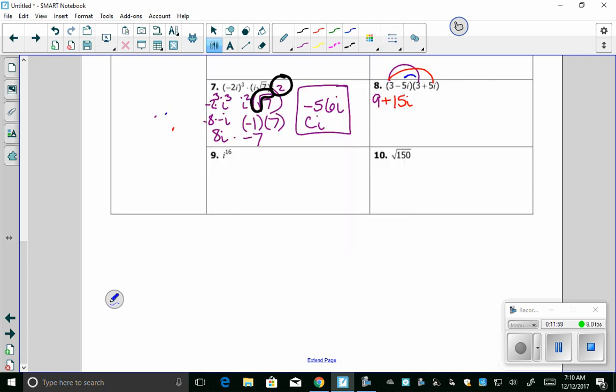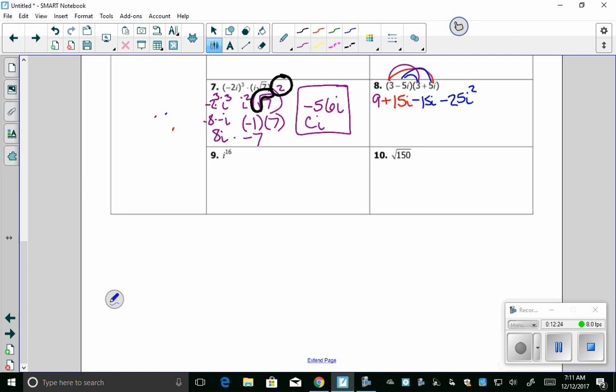Negative 5i times 3 is negative 15i. And negative 5i times positive 5i gives me negative 25i squared.